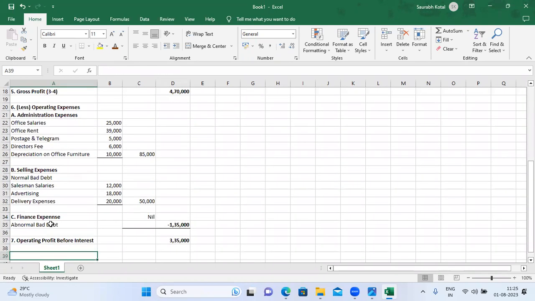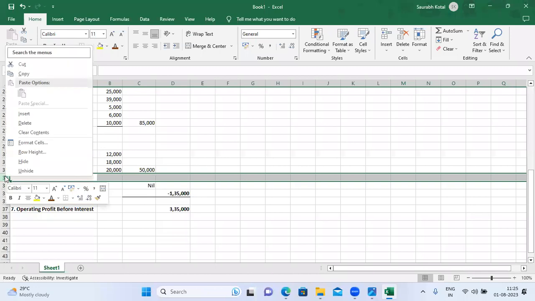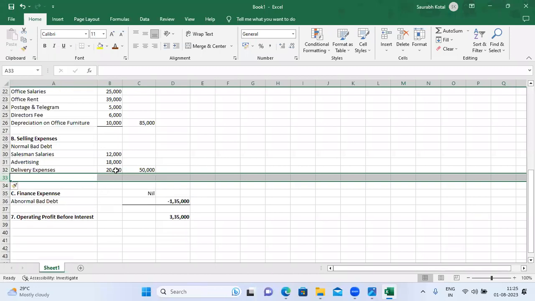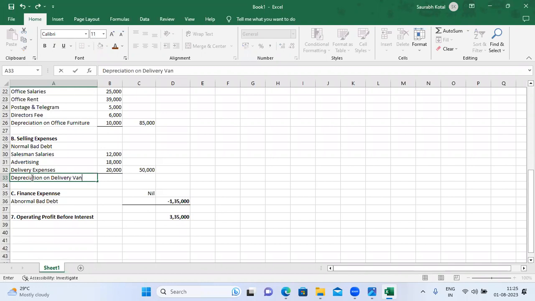And what about the depreciation on delivery van? Depreciation on delivery van is a part of selling expenses, isn't it? So we have to write depreciation on delivery van. Are you all with me?